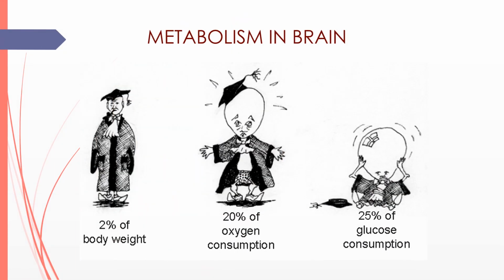Metabolism in the brain: the brain is only 2% of the body weight, and it consumes 20% of the oxygen consumption and 25% of the glucose consumption. Glucose is the major energy source of the brain.